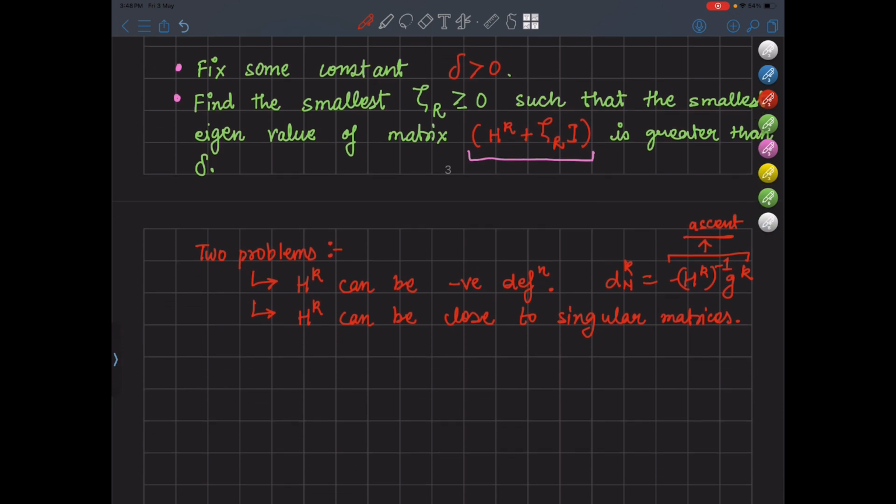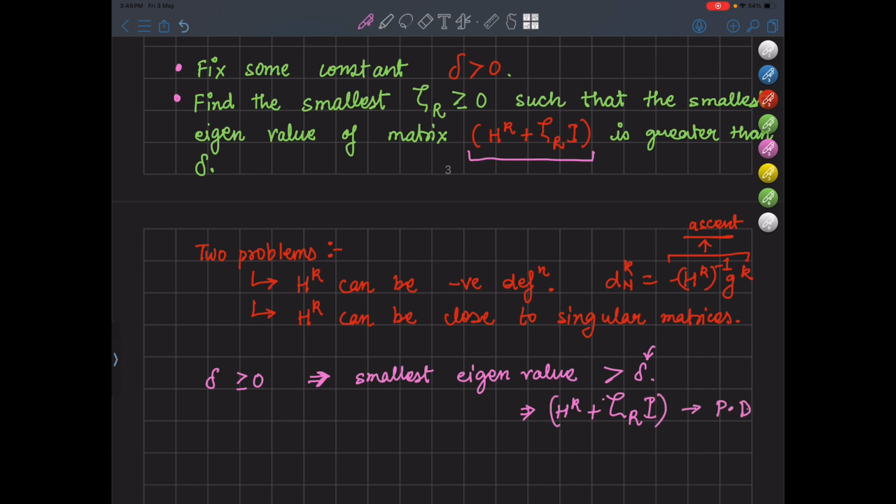So this modification solves this problem. We choose delta greater than or equal to 0, and if the smallest eigenvalue is greater than delta, which means that all the eigenvalues are positive, then Hk plus xi r I is positive definite because all the eigenvalues are greater than 0.